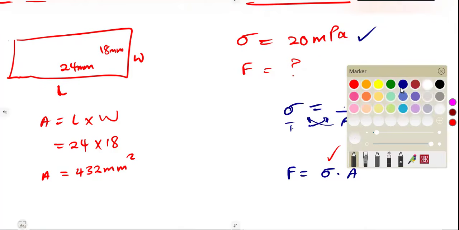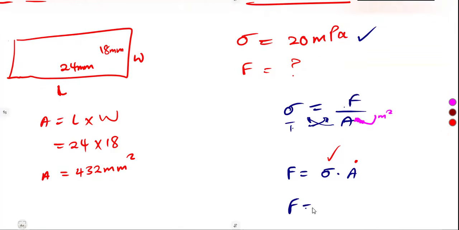Do not forget that. So let's substitute. The stress is already there, 20 megapascal, 20 times 10 to the exponent of 6. We are not converting anything, guys. We are rewriting the megapascal here. Times the area, now we have to convert this to square meters.